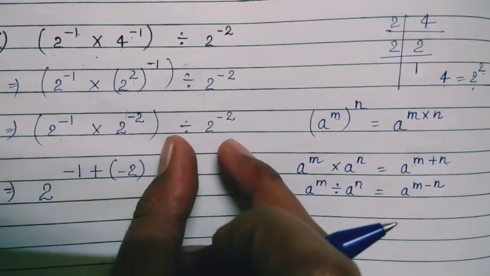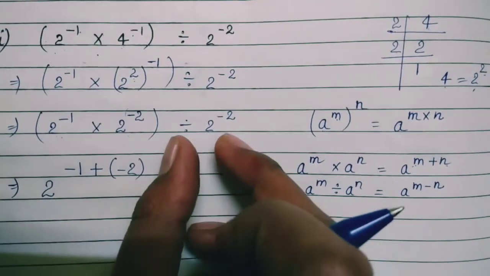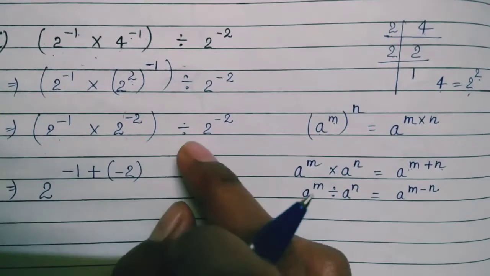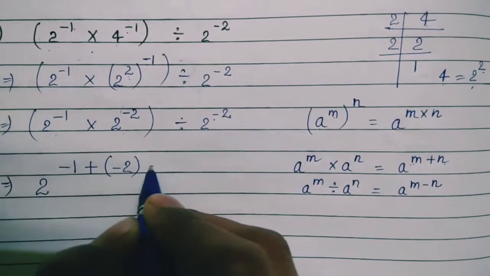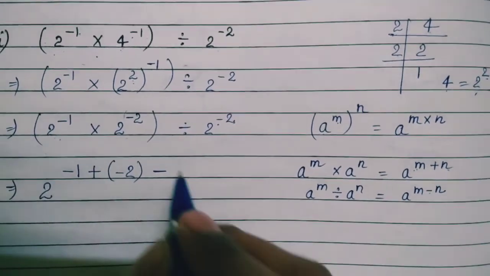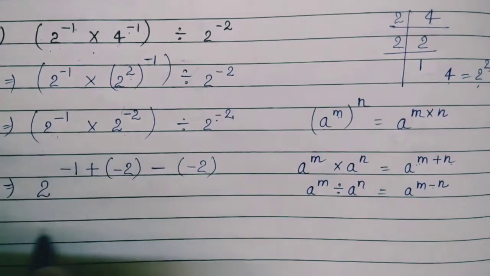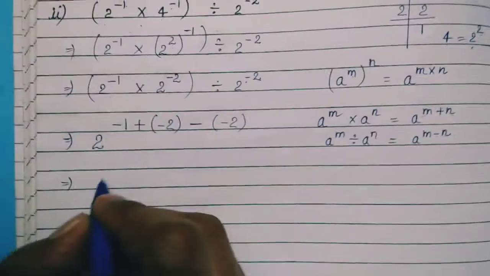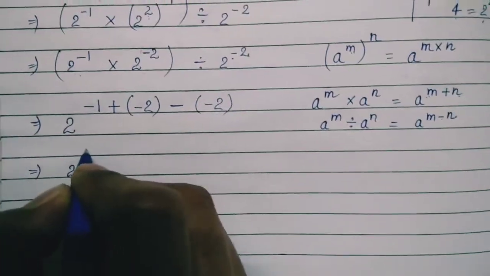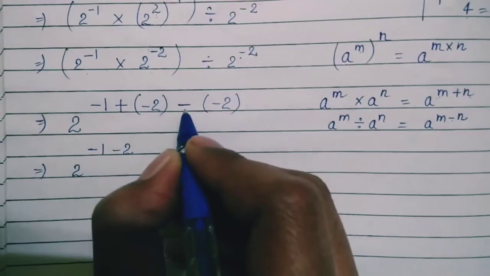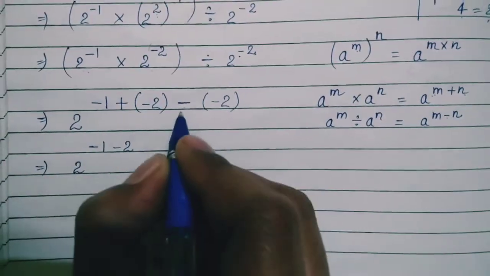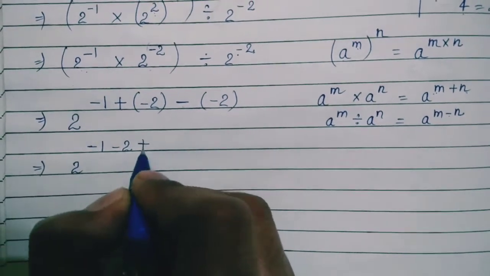Because of this division, minus n is minus 2. So minus of the law and minus 2. Simply we will open the bracket. 2 raised to the power minus 1 plus minus is minus. Here plus plus is, sorry, minus minus is plus 2.